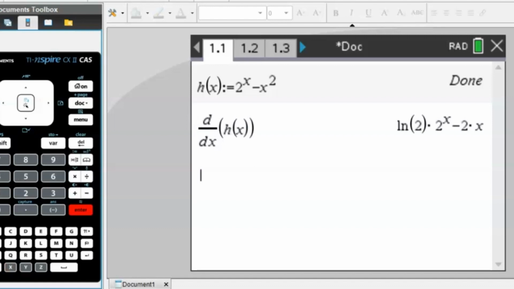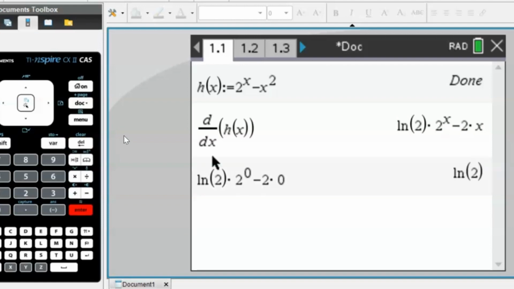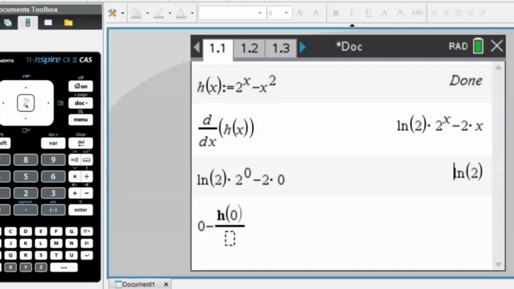So if we say that's 0, and my h of x, before I do that, put 0 there, so whatever is left is natural log of 2, which is going to be 0 minus h of x when x is 0, so the natural log of 2.